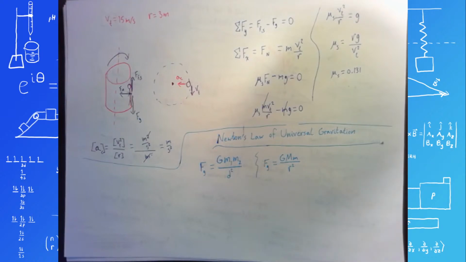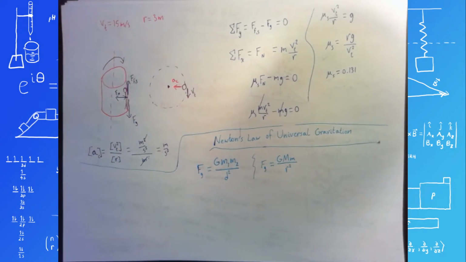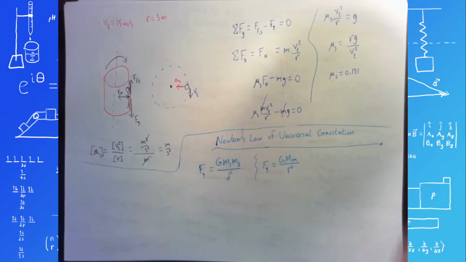The reason we sometimes use r is because a lot of times the two objects will be something like the Earth and the Moon, and the distance between them will basically be the radius of the Moon's orbit around the Earth. So that's why you'll often see R used here instead of D. Same meaning.